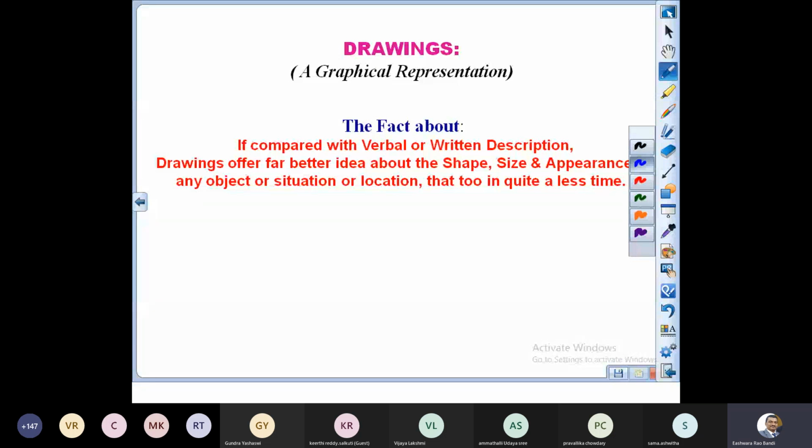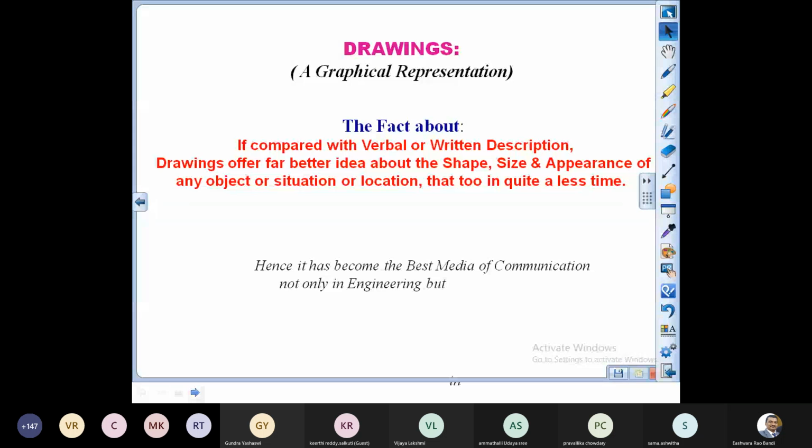By reading this, you can understand what I have explained so far, isn't it? That's why we are calling this the general language of all engineers.